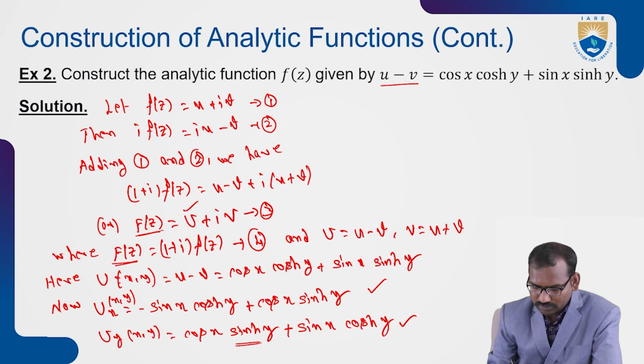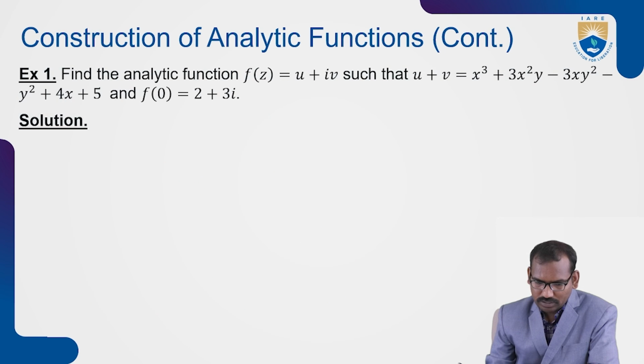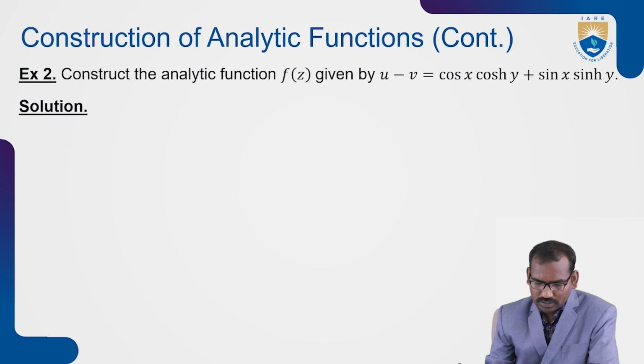This term will be 0 because sin hyperbolic 0 is 0 and cos hyperbolic 0 is 1. Now you will have only sin z. Here also you can get sin z.